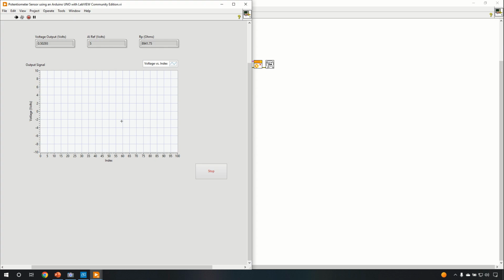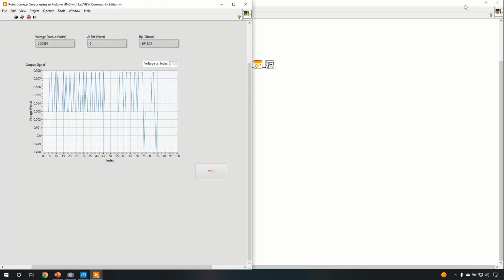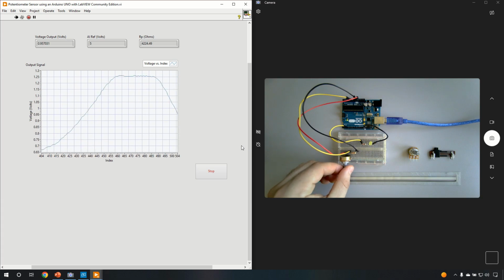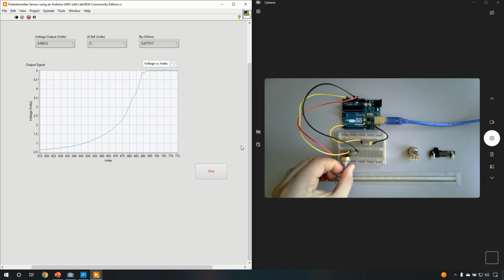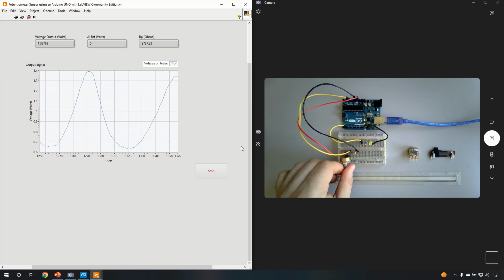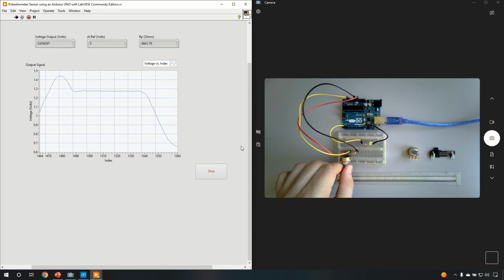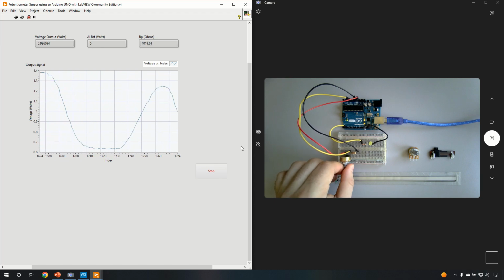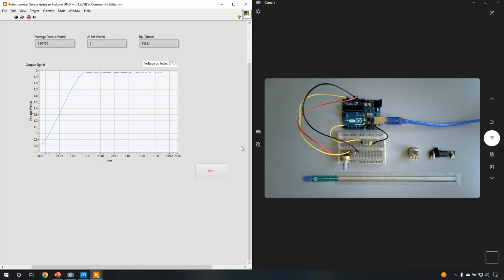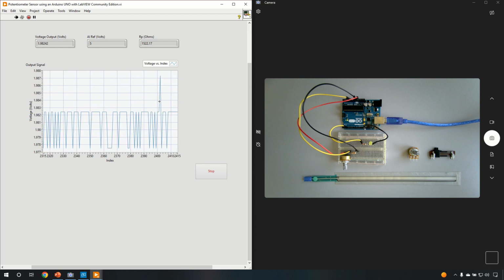So let us now run our code again, minimize it. And now, as you can see, I can change the value and see the change graphically. So now if I change in a quick fashion, I can see what looks like a sinusoidal wave, or I can have a step change, etc. So you name it. Imagine this potentiometer is connected to any mechanism or any other thing.